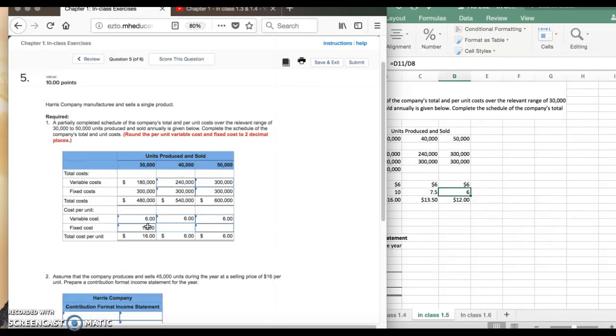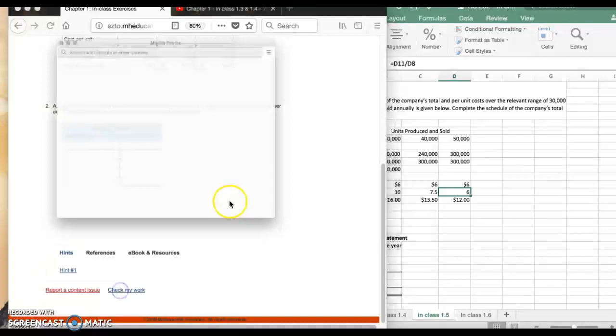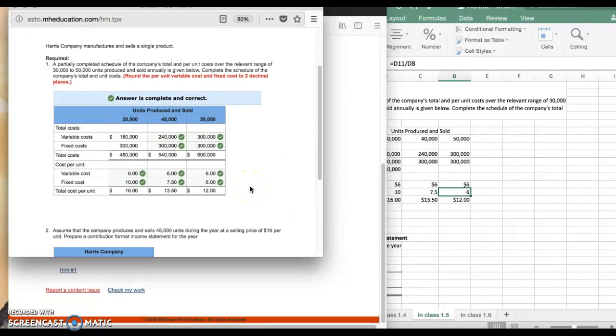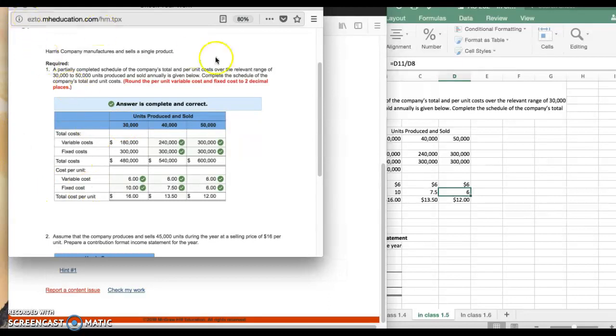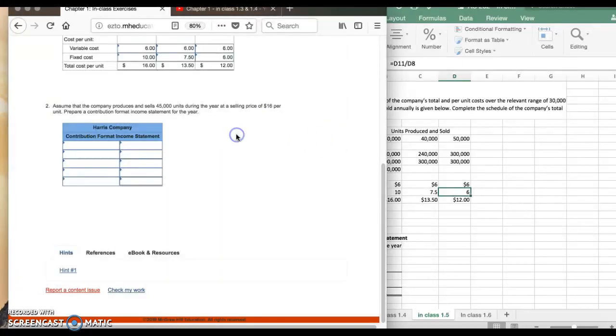So let's put that in here, and it'll do the math for us. Right. So I think this is right, but let's just double check because we have unlimited check my work options. And fantastic. This answer is complete and correct. We'll close out of that.